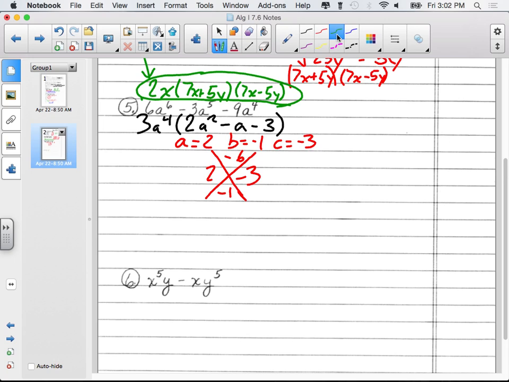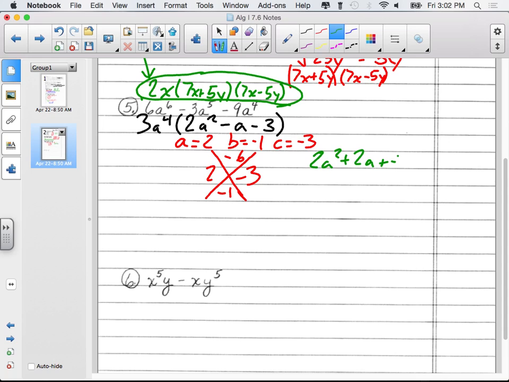When A is 1, that's when we can take these numbers and put them straight into our factors. Is A 1 in here? No, it's not. So now we have to factor by grouping, right? How do I know that? It randomly came back to me. It's a miracle.